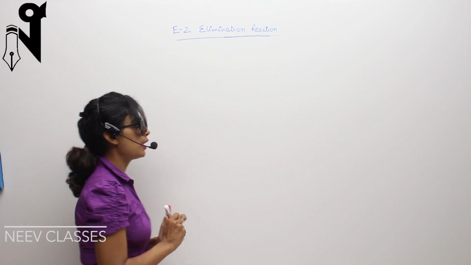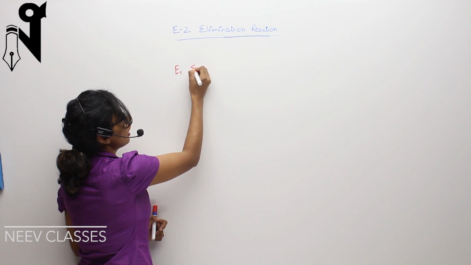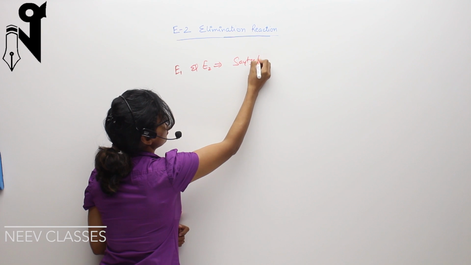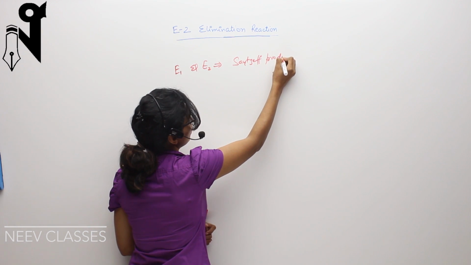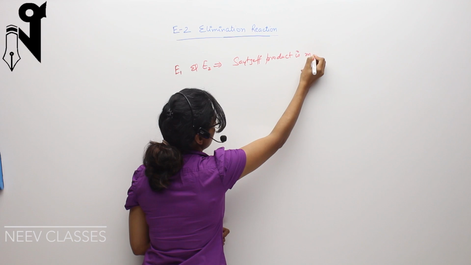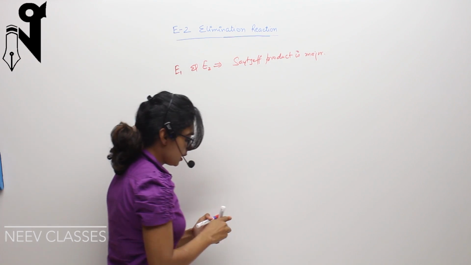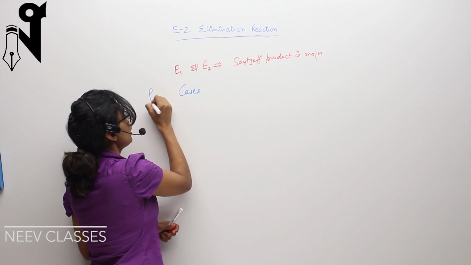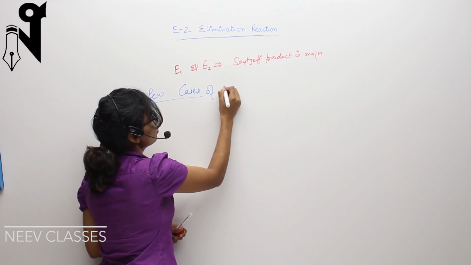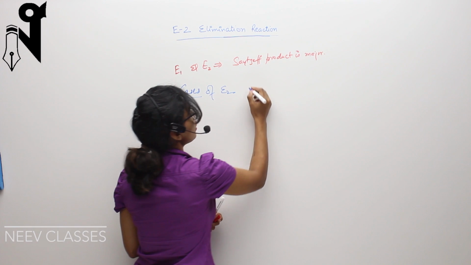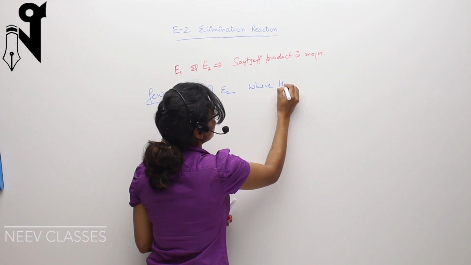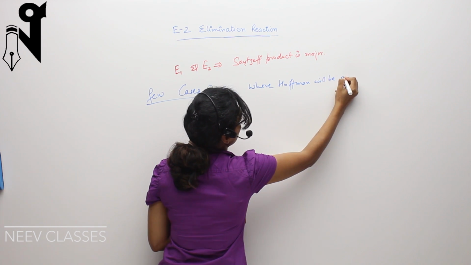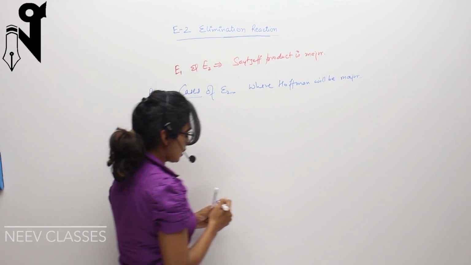Now, we know that in the case of E1 and E2 both, the Saytzeff product is major. But there are very few cases of E2 where Hofmann will be major. What all those cases are, we will discuss now.